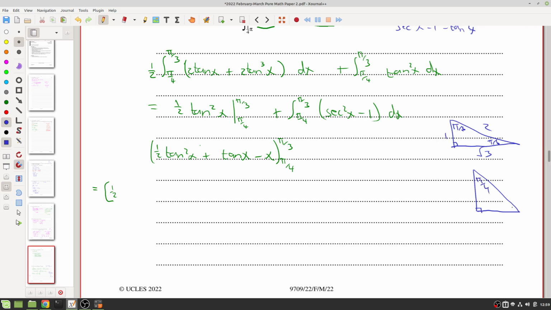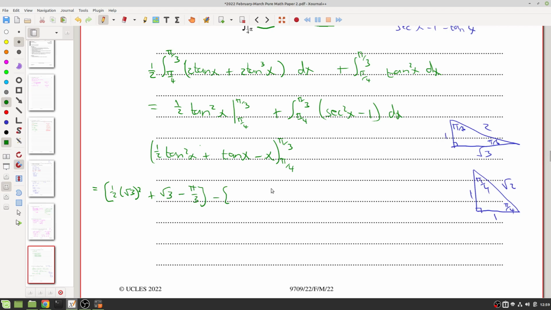So pi over 4 has these ratios, 1, 1, and square root 2. Okay, so substituting in pi over 3, tan of pi over 3 is opposite over adjacent, so that's square root 3. So that's times square root 3 squared, plus tan x, so tan of pi over 3 is square root 3, minus x, and x is pi over 3.